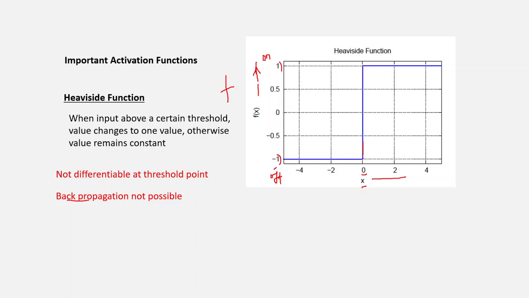So the Heaviside function, at this threshold point, that is when x is equal to 0, is not differentiable because it jumps from minus 1 to plus 1, and since these minus 1 and plus 1 are constants, for other values of x the value of the differentiation is 0.